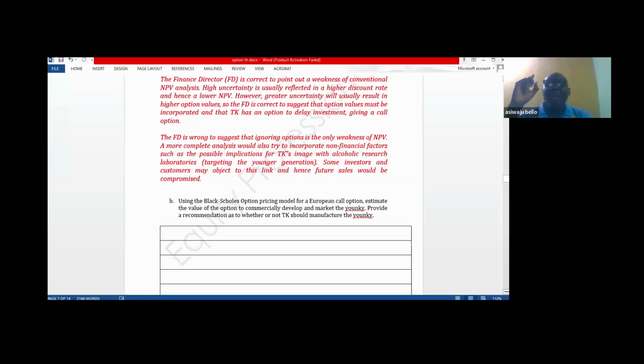Provide a recommendation as to whether or not TK should manufacture the Yankee, using the Black-Scholes model for European call option.